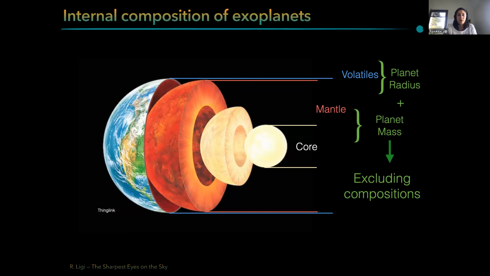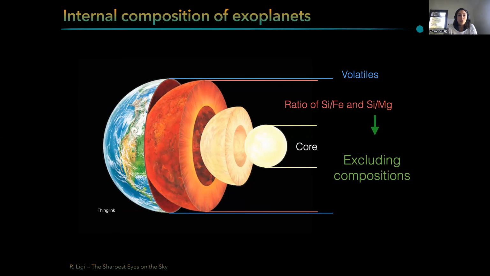So once we have all these parameters like the planet radius and mass, we can say if the exoplanet has, for example, a solid core and mantle, if it has volatiles like an atmosphere, and actually using models we can exclude compositions of this exoplanet.